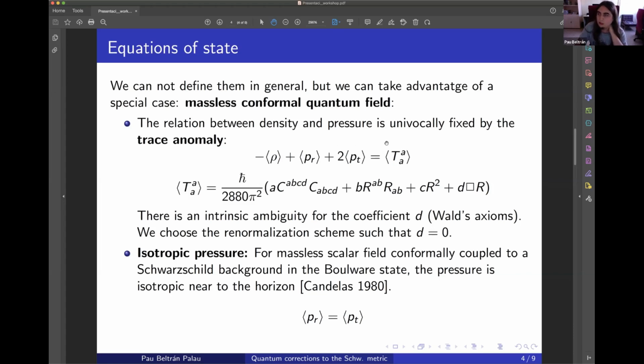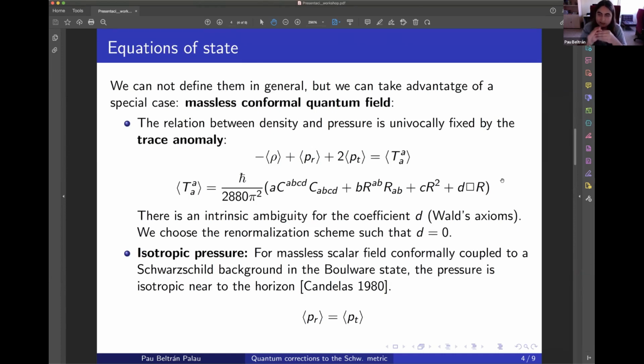In our case, we will consider as a first step the case of a scalar field. The only problem here is that this final term, which goes with the box R, includes derivatives of third and fourth order of the metric. And this is a problem because the system becomes not a second order system of equations, but a third or fourth order.